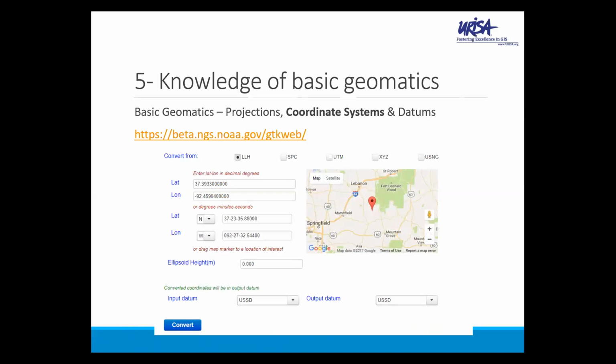This happens to be in beta right now, but it transforms degrees, minutes, and seconds into other coordinate systems for you, based on datums that are input and projection systems that one wishes to use.